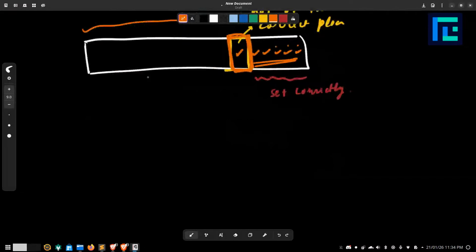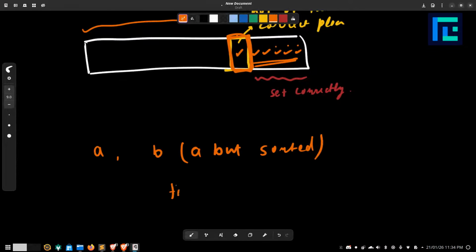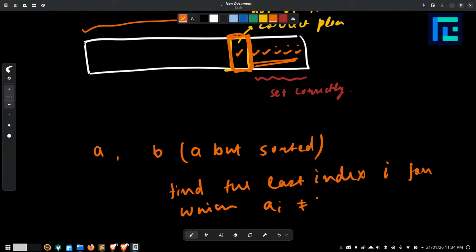So basically, what we can do is make two arrays. The first array A is the input, and then we make another array B, which is just A but sorted. Then we find the last index i for which A[i] is not equal to B[i], and the answer will be that index.